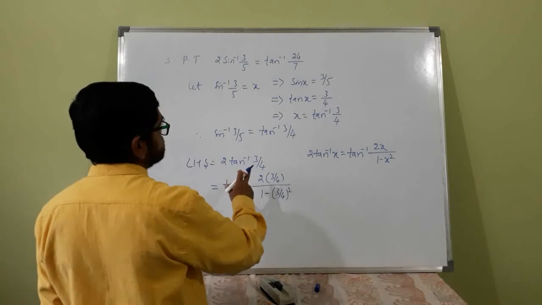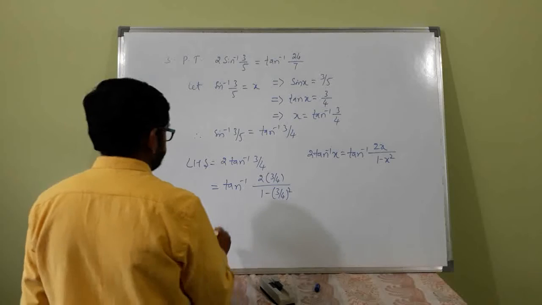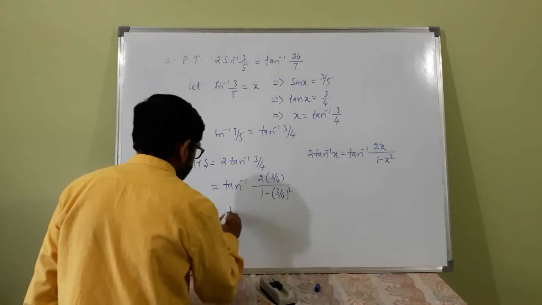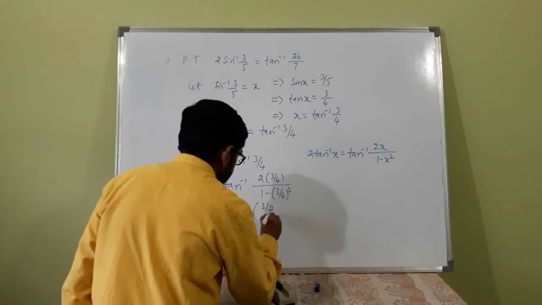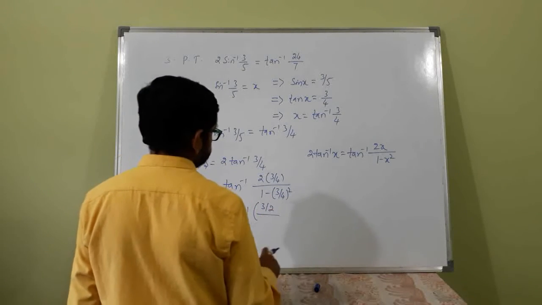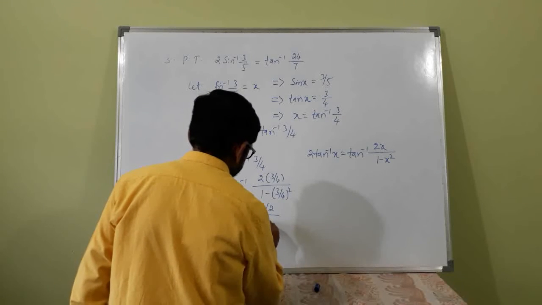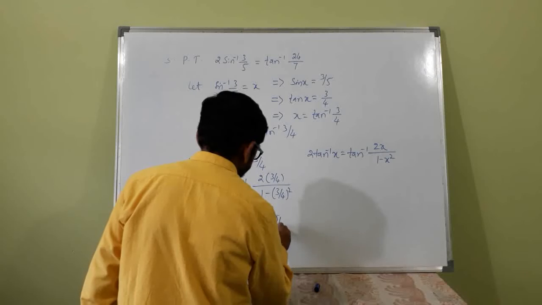This is equal to tan inverse of 3 by 2 divided by 9 by 16, or 7 by 16 if you take 16 as LCM.